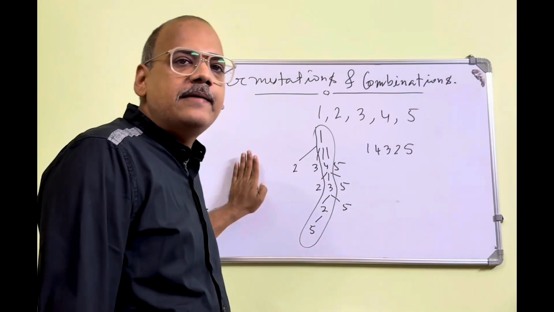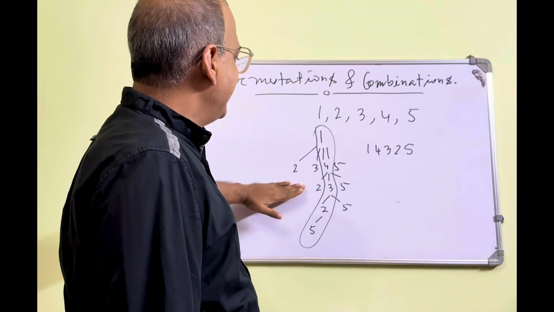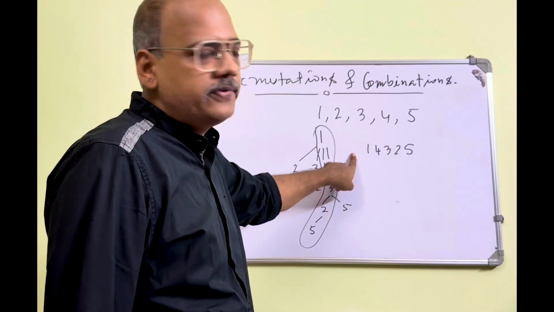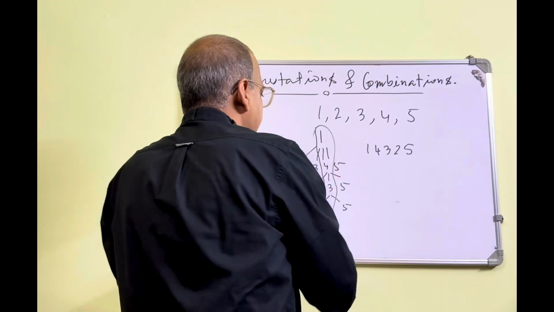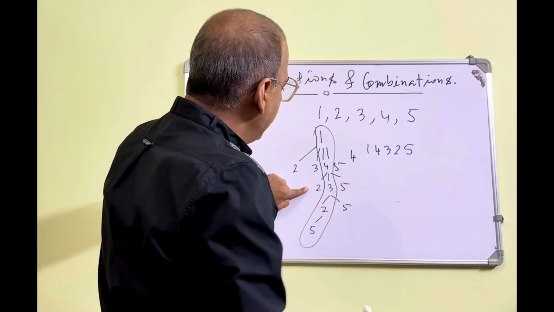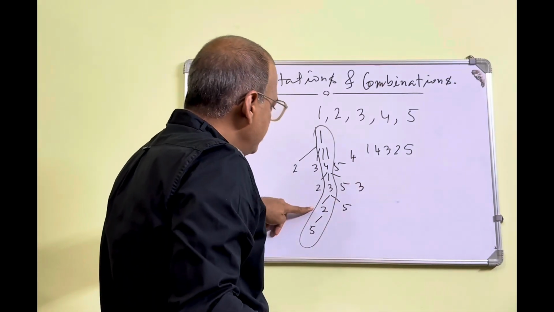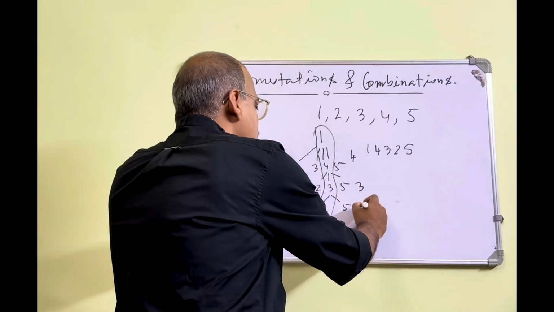How many numbers can be formed starting with 1? In the first position 1, the second position can be filled in four different ways. Third position can be filled in three different ways. Fourth position can be filled in two different ways.